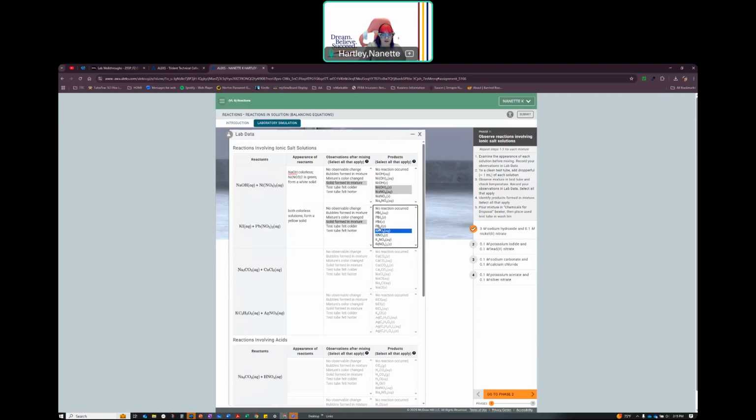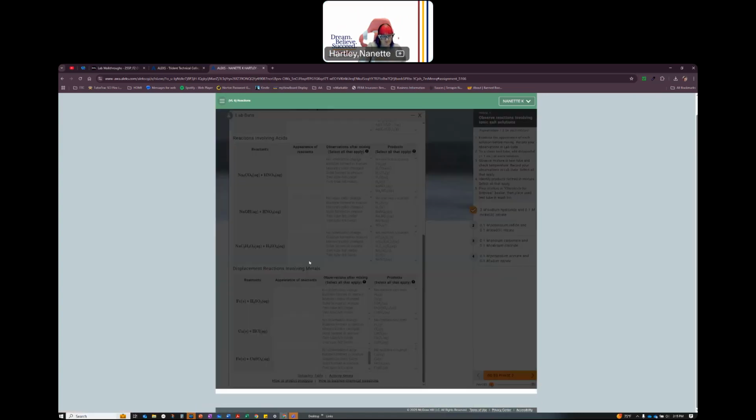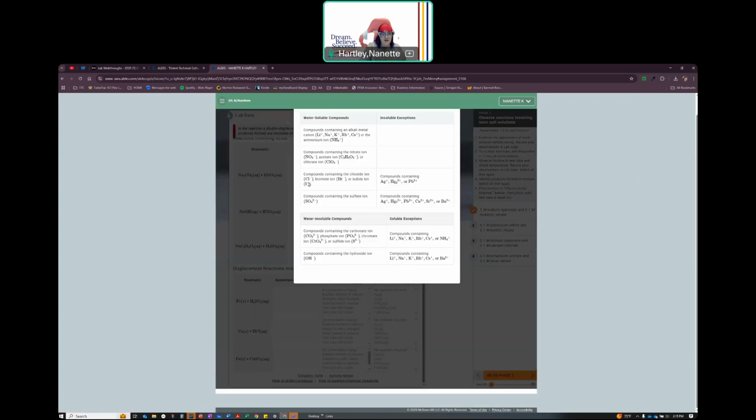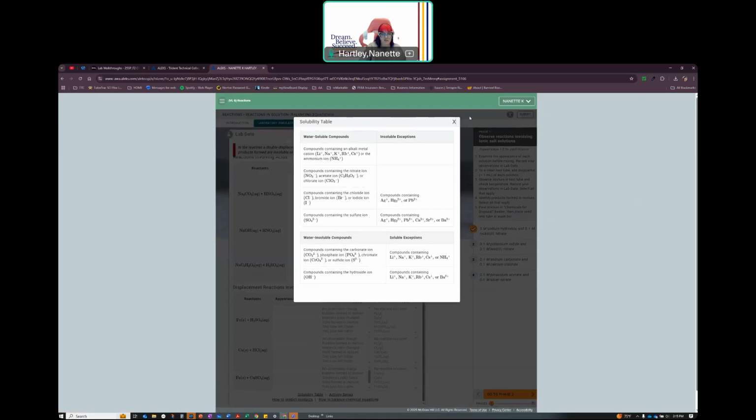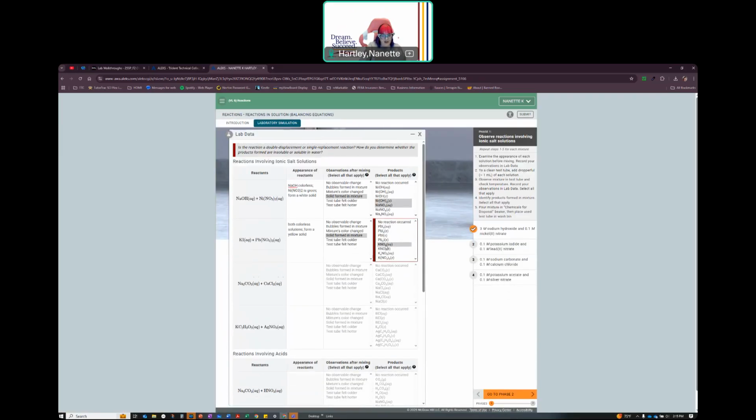We have a Pb2+ and an I minus. That's going to be a PbI2. When I look at this, I see compounds containing the chloride ion, bromine ion, or iodide ion are soluble except compounds containing Pb2+. So that's going to be an insoluble. And when I look at that, we have a PbI2 salt. So that's the one that we have there.